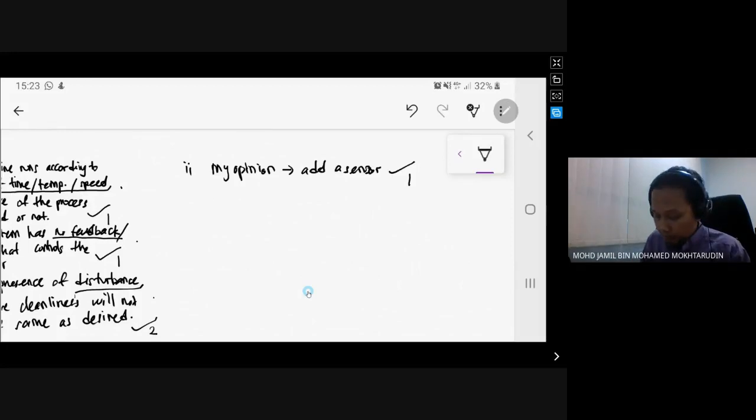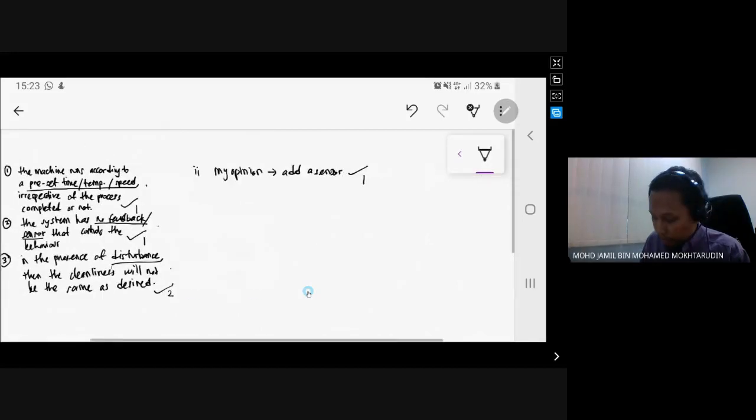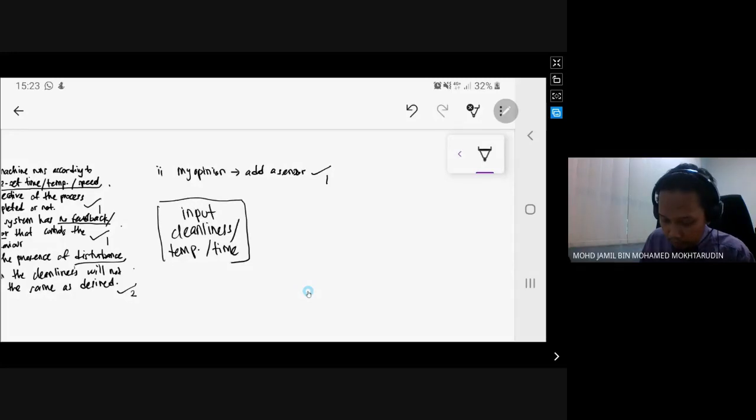Then after that you will have to draw the block diagram. For the block diagram, you can start with the input, maybe input cleanliness or input temperature, for example, input time. Then it must go through a summing junction.